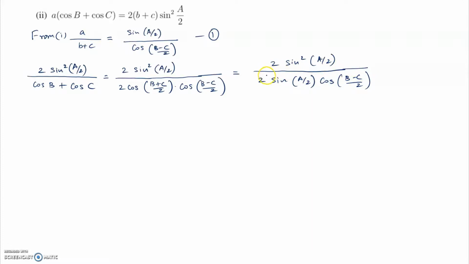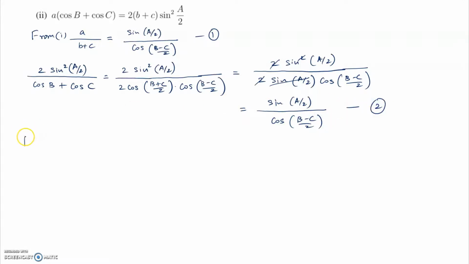So our 2 and 2 will get cancelled, and one sine A by 2 will be cancelled. So you will have now sine A by 2 divided by cos (B minus C) by 2.